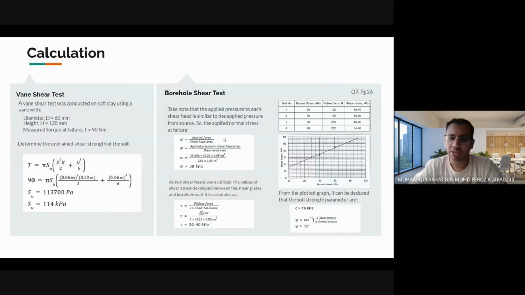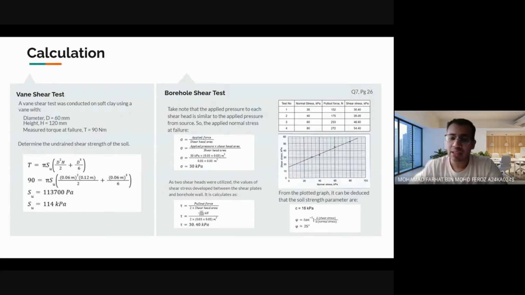Next, the calculations. For the vane shear test, using the torque equation, imagine we have a vane with a 60 mm diameter and 120 mm height. If the measured torque at failure is 90 Newton meter, we need to convert the 60 mm and 120 mm into meters.